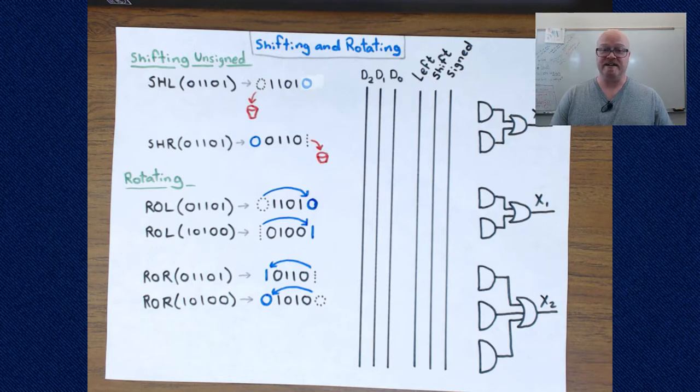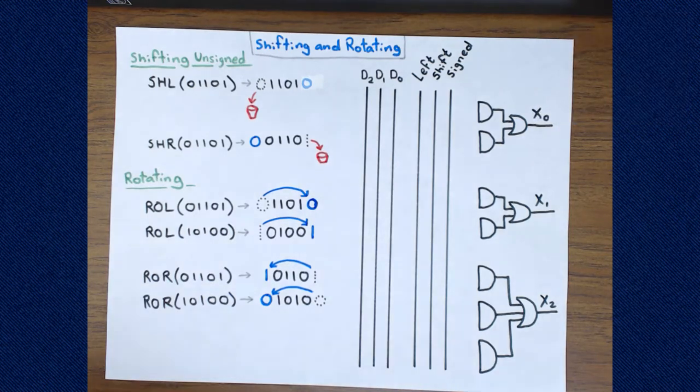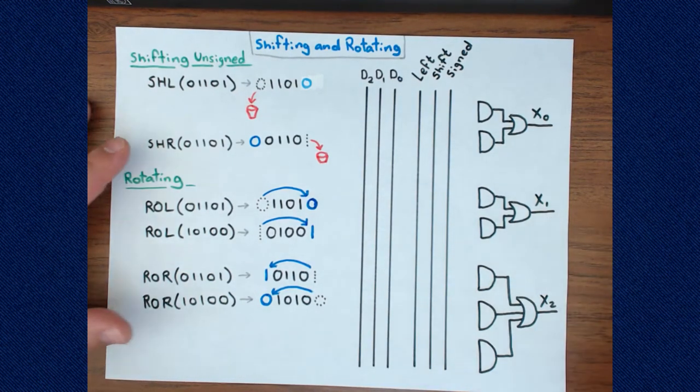So the signed pin, you'll see, is not really utilized ever, except under the circumstance that we are doing a shift to the right. So that one's not going to be highly used, but it's important if we want to make sure our circuit also supports sign extension. Otherwise, we're just throwing zeros into the holes whenever we shift, and it's not usable for shift as a form of fast mathematics.